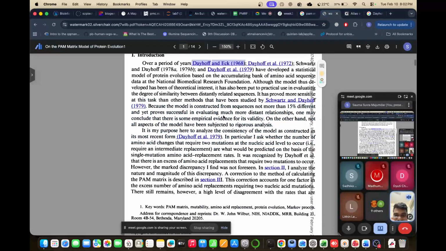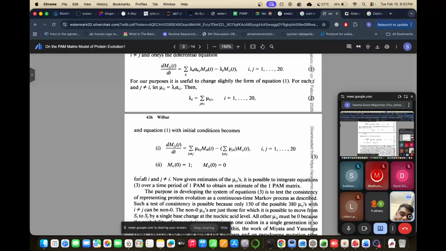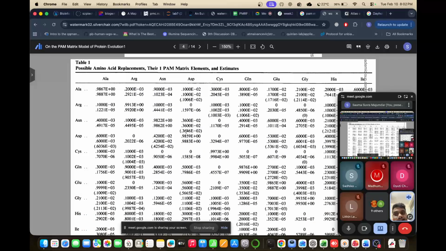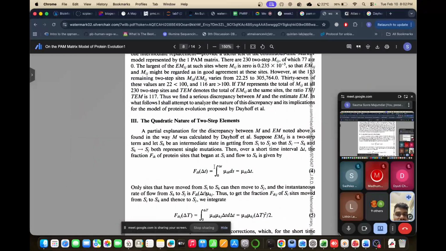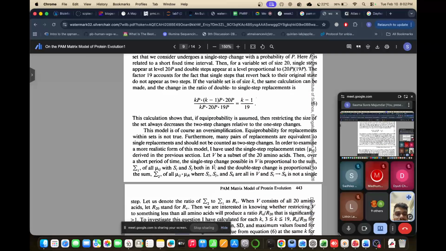So if you're interested, please go through these papers. For BLOSUM also, they describe all the mathematics behind it, how they calculate, what the possible amino acid replacements are, and what their values are. These are quite extensive papers. If you are not from a mathematical background, it's okay.